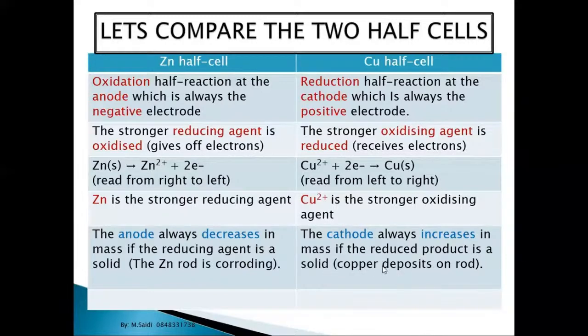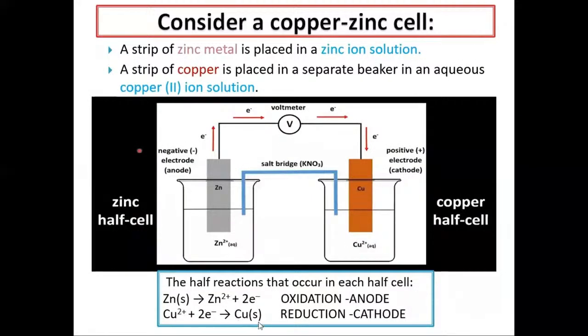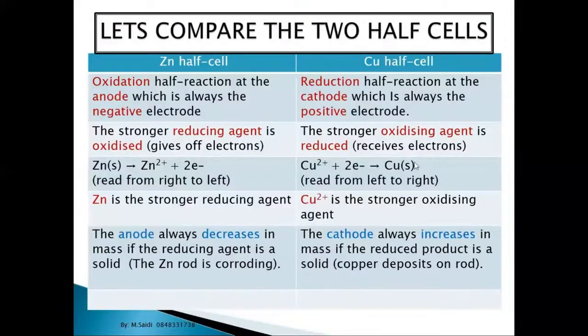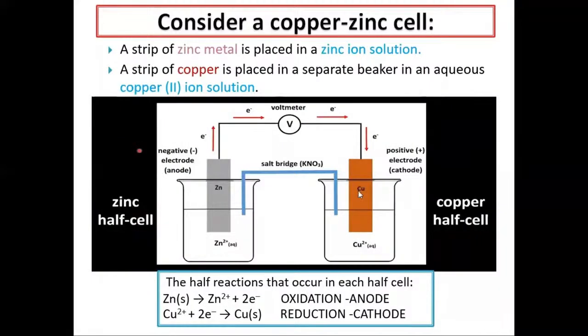So we saw that since copper is a solid, if you look at it here in the equation, copper is a solid. Then it means that the terminal must always be increasing in size as long as it is a solid.